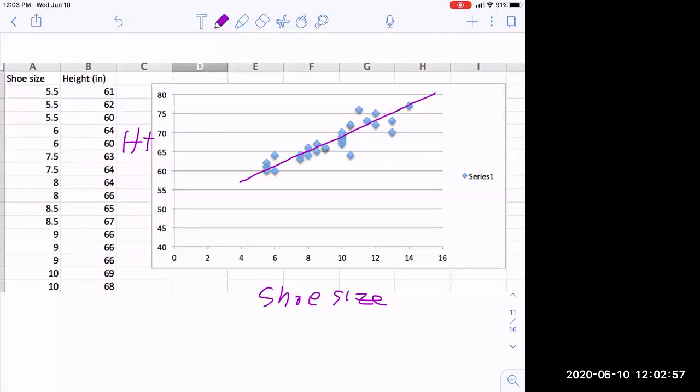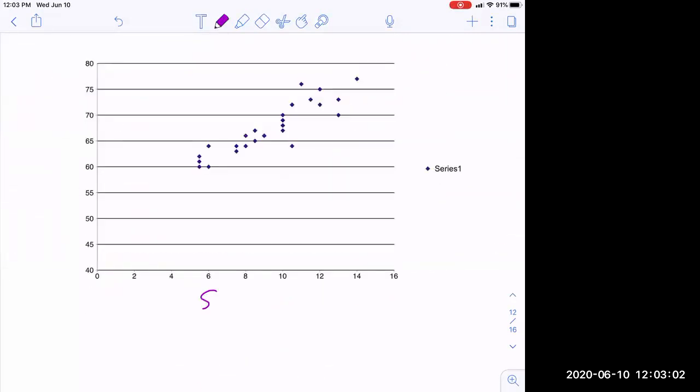So I did this in Excel, and unfortunately PowerPoint did not capture this picture for some reason, because it was supposed to put the line in there.